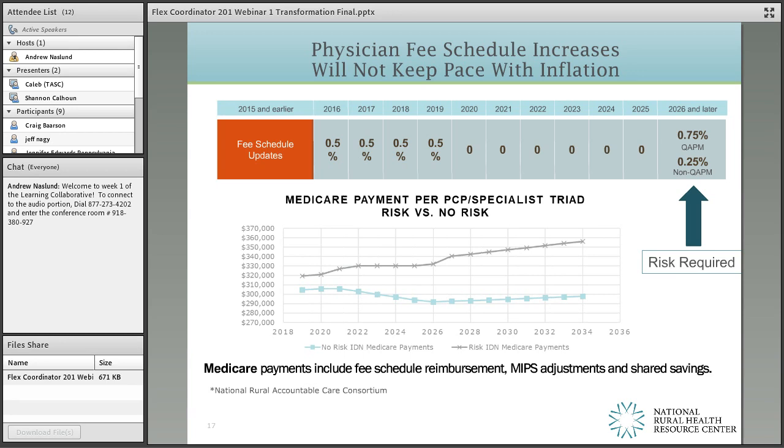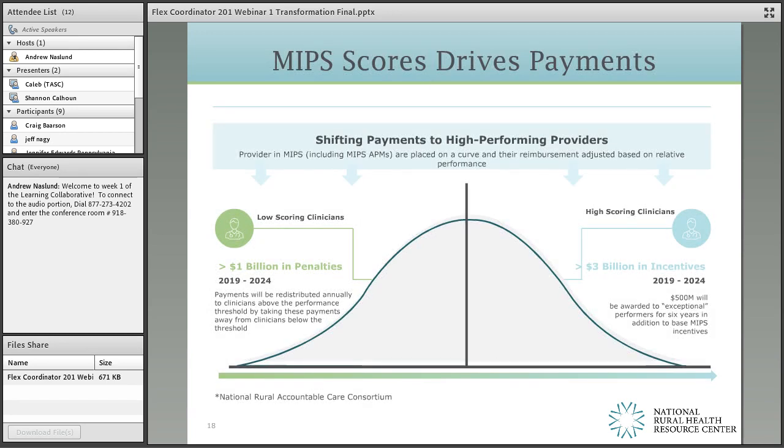The opportunity in moving into this, if done correctly, has an opportunity to actually have a greater reimbursement and increase in your fee schedule, not in the existing fee schedule, but in value-based payments. Hopefully that's not too confusing, but it's really important to note that the fee schedule is flat, and that's even if you're in MIPS, nobody's getting an increase on the Part B billing. You only get it in incentives or engaging in MIPS or an APM.